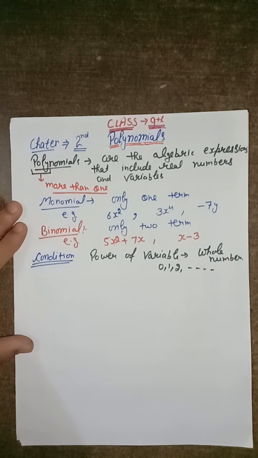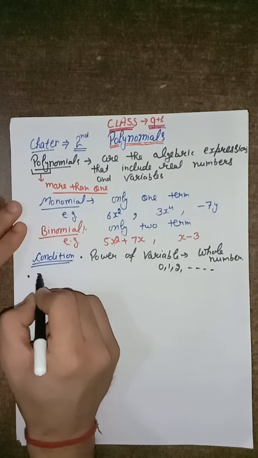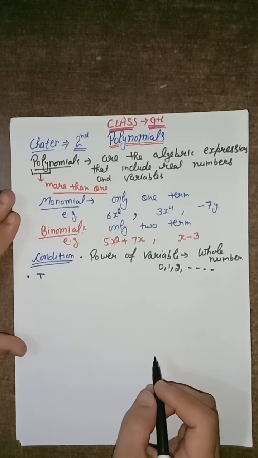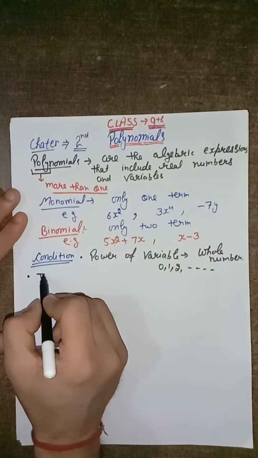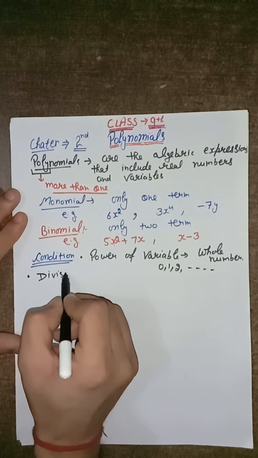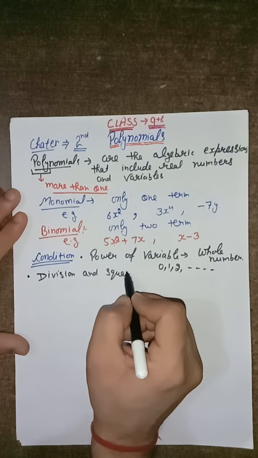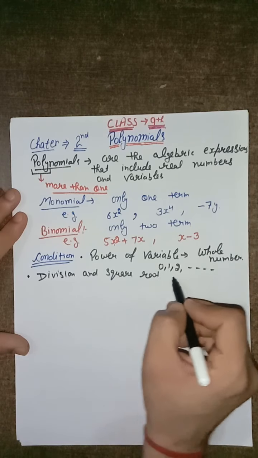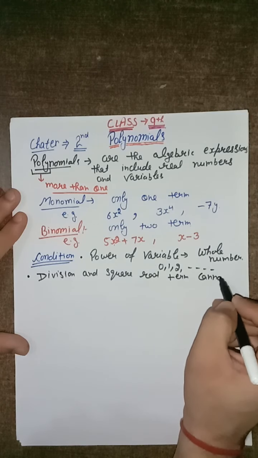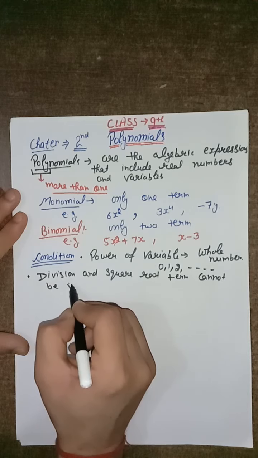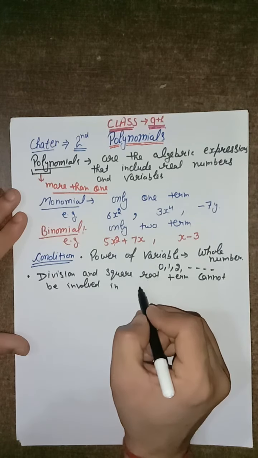Now our second condition is that division and square root cannot be involved in the variable.